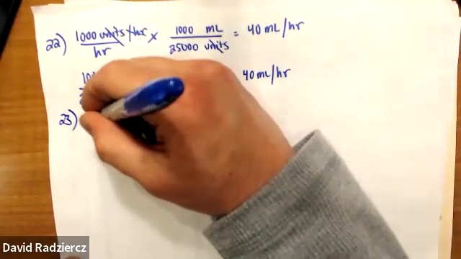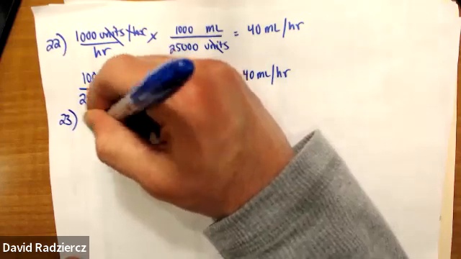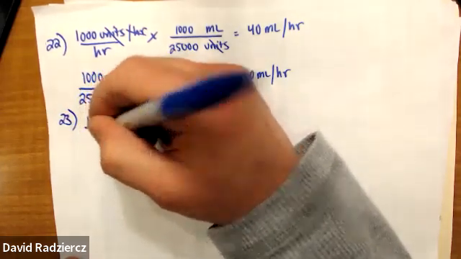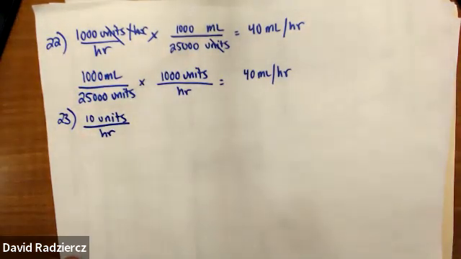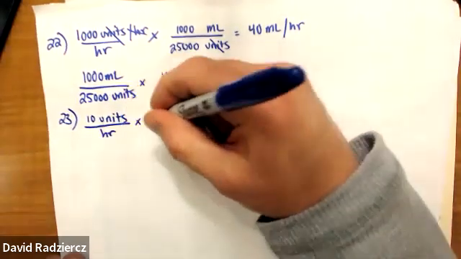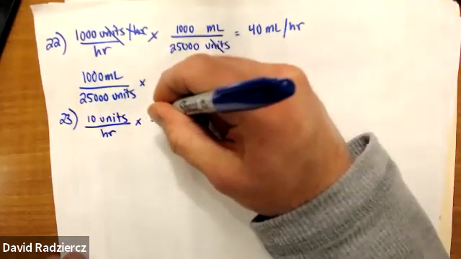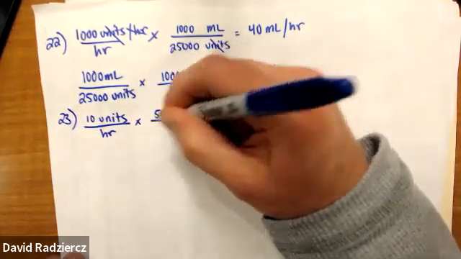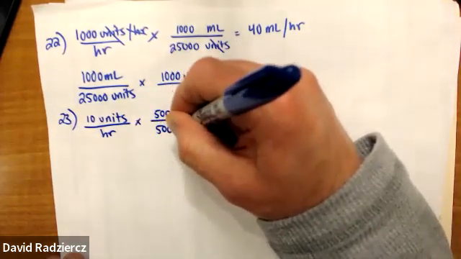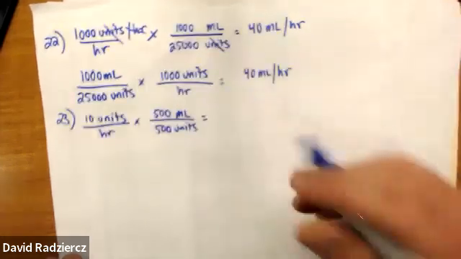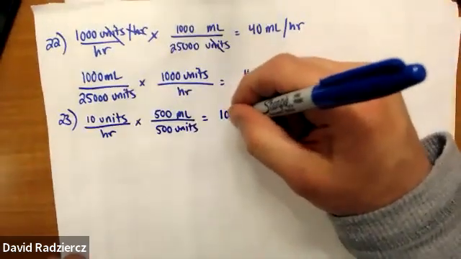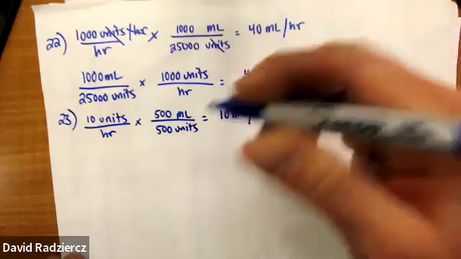Since we're doing a conversion for flow rates, I start with the flow rate, and then I just convert that flow rate into what I want it to be, milliliters per hour. So 500 milliliters, 500 units, and that will equal 10 milliliters per hour.